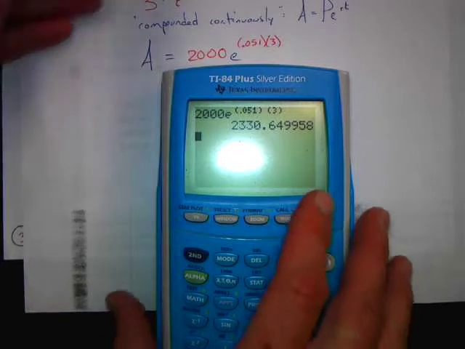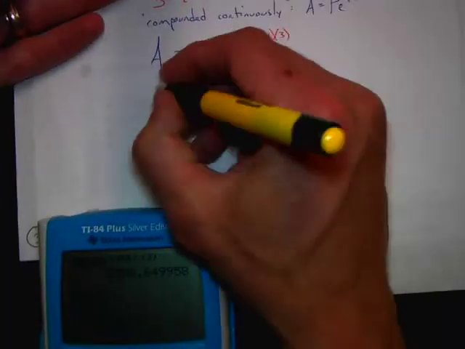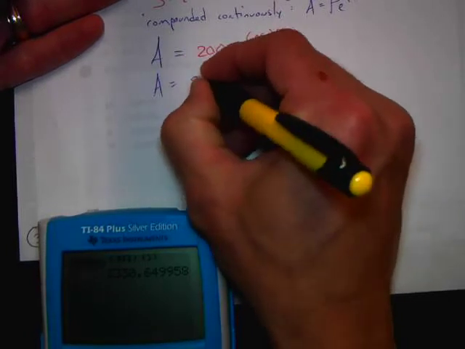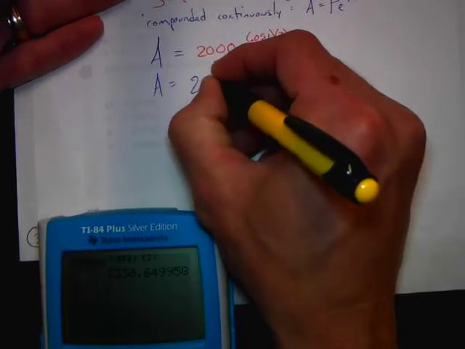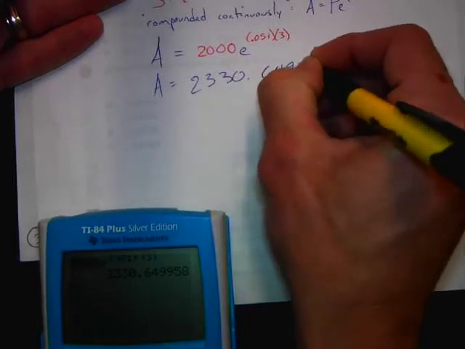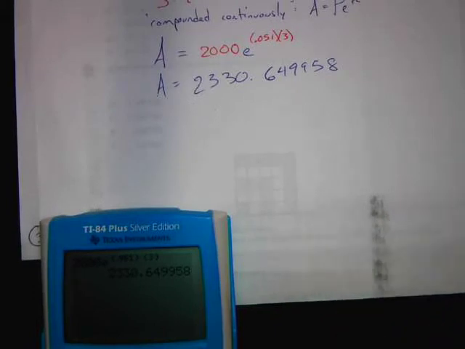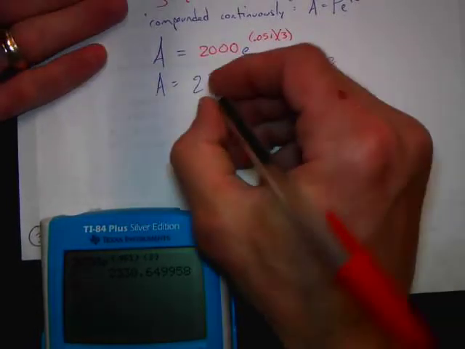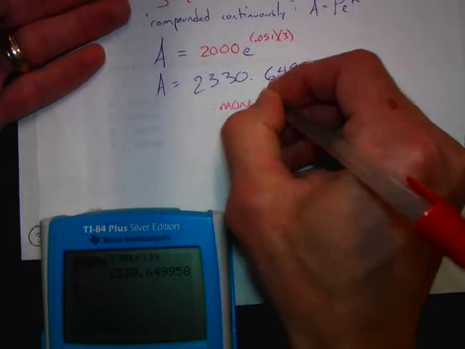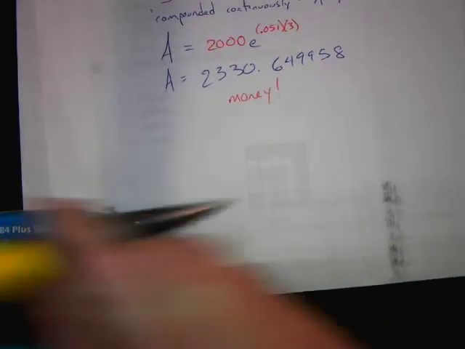So let me do some more talking here. After plugging and chugging, we find that A is equal to 2330.649958. But just remember, we're dealing with money here, and with money we have to do some rounding because we only have dollars and cents.